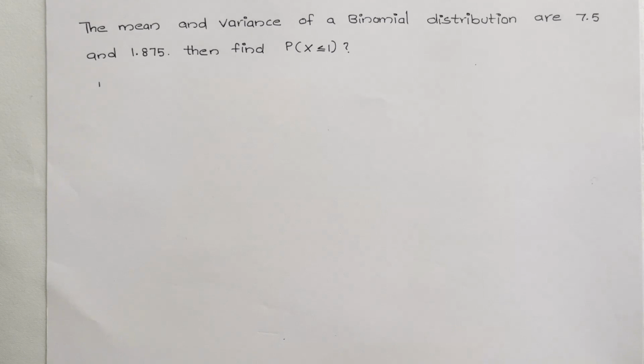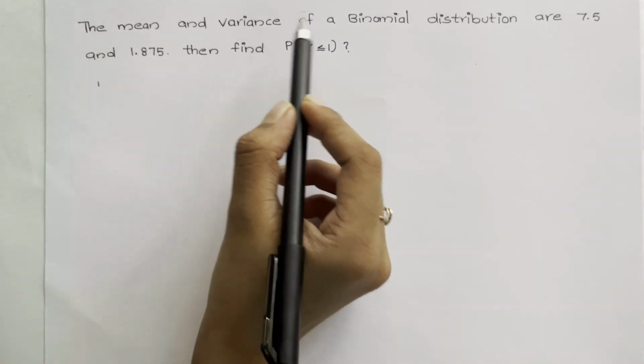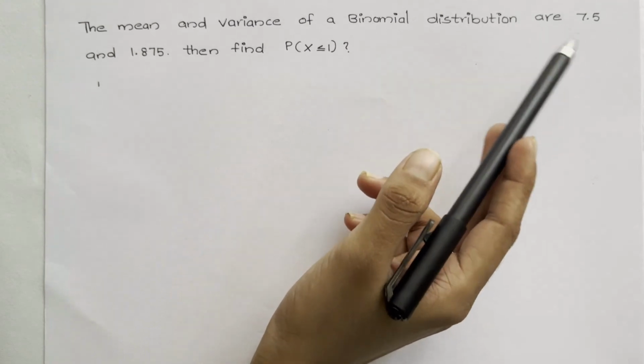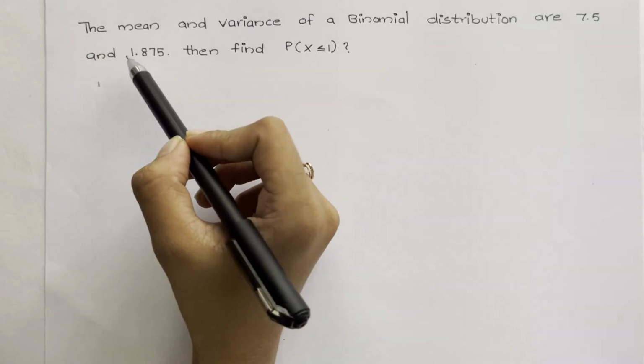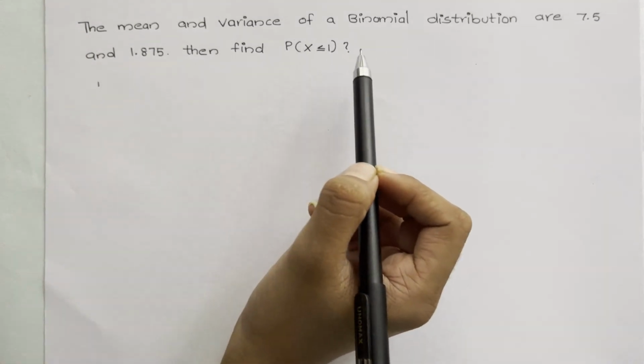Hi friends, here the question is: the mean and variance of a binomial distribution are 7.5 and 1.875. Then find P of x less than or equal to 1.